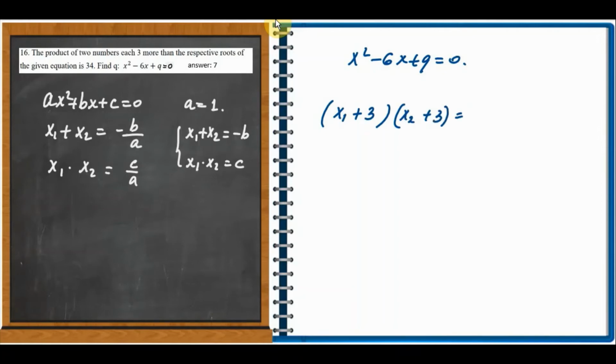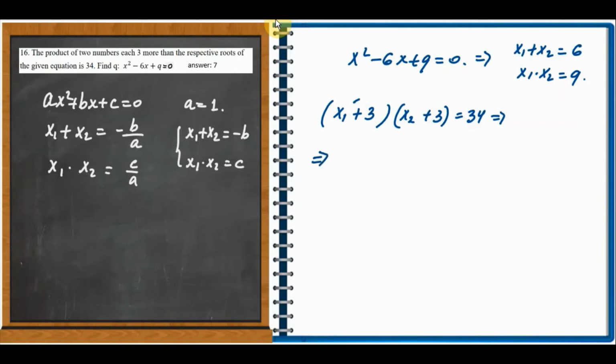Now this product is given as 34. What we know from the equation, we can say that x1 plus x2 is equal to just 6, and x1 multiplied by x2 is equal to q. Now we will use this in here. Let's continue writing.